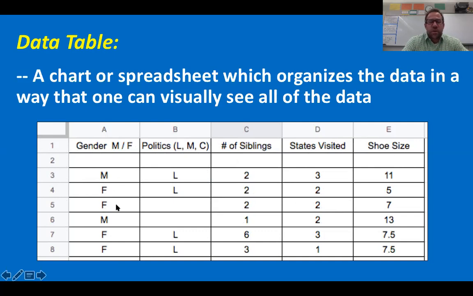You can see there are some gaps. Sometimes people don't fill out the entire survey, or they're not comfortable answering certain questions, so you just have to do the best you can with the data you're given. This is an example of a data table, and some of you took this strategy when you were doing the stick figure data.